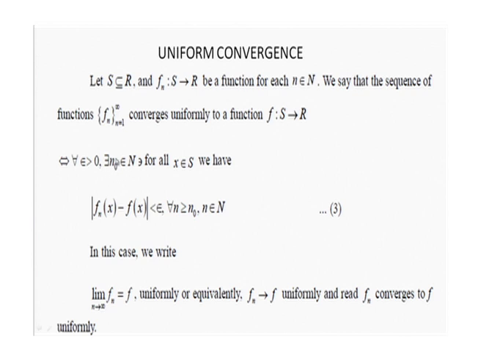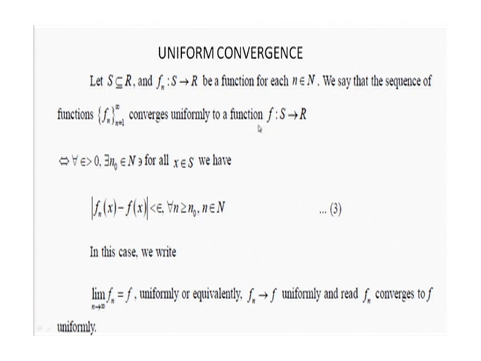So the negation is that there exists epsilon positive such that for all n naught, there must be n_k greater than n naught and x_k in S such that modulus of f_{n_k} of x_k minus f of x_k is greater than or equal to epsilon. If the negation of this statement is true, we get that the sequence fn does not converge to f uniformly.